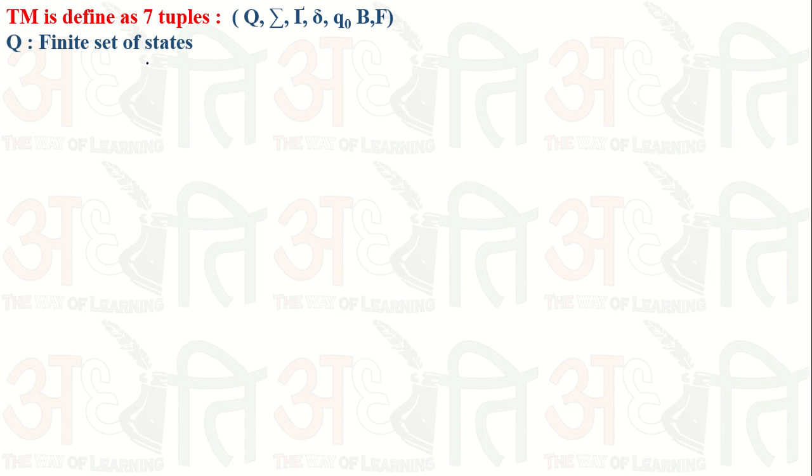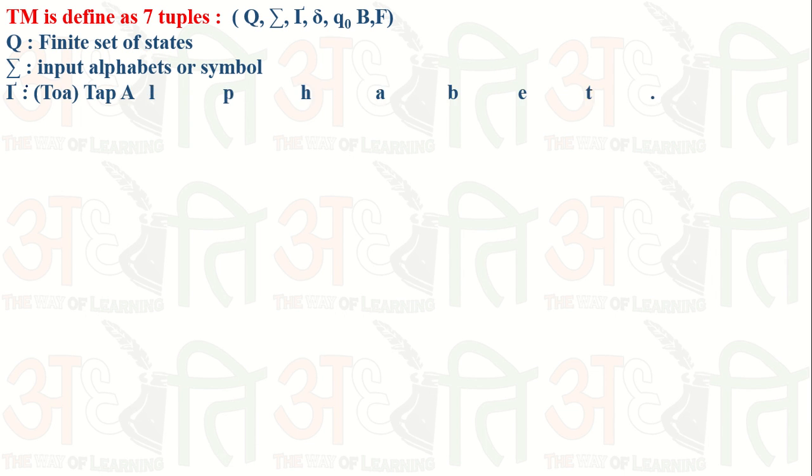Sigma is the input alphabet, the various symbols which we are going to read on a Turing machine. Then gamma is the tape alphabet, the symbols which the tape consists of.